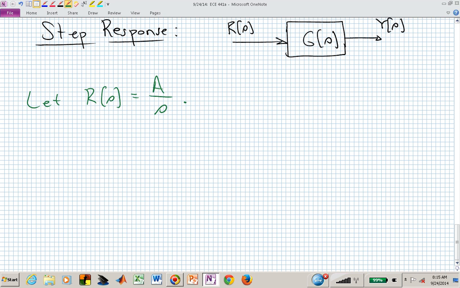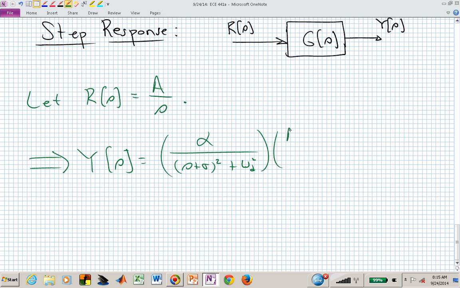That's what we will then use for the Laplace transform of that step. If it was the unit step, capital A would be 1. But using R of S, we can now say Y of S is our second order transfer function times A over S, or we could multiply that out.